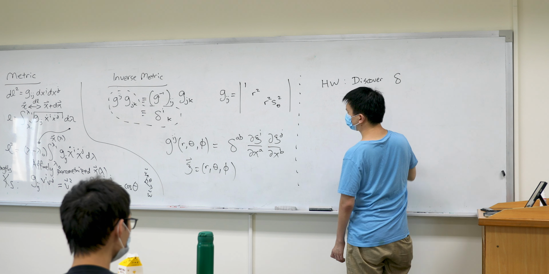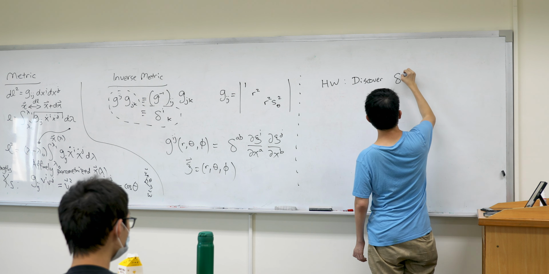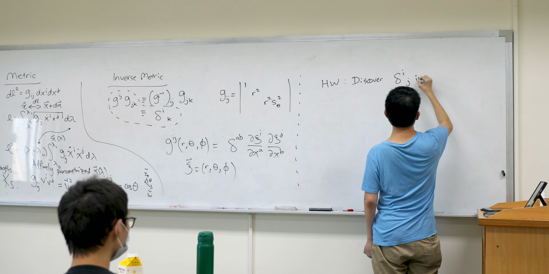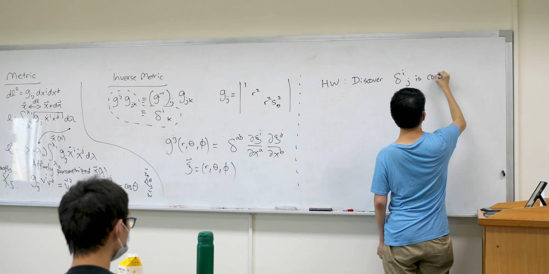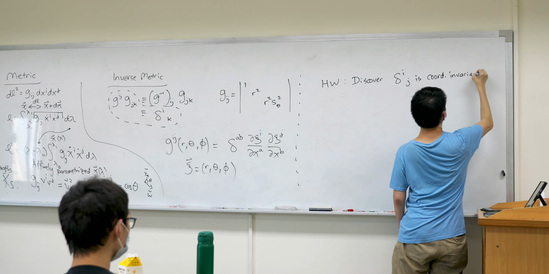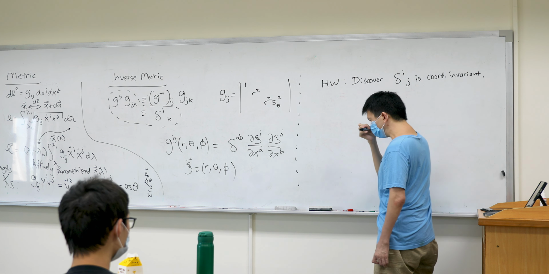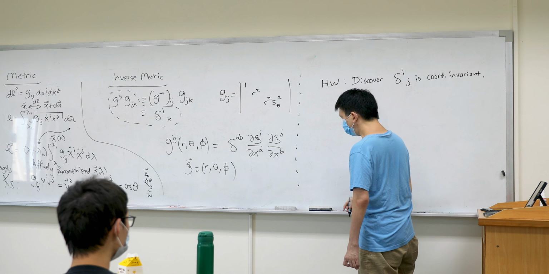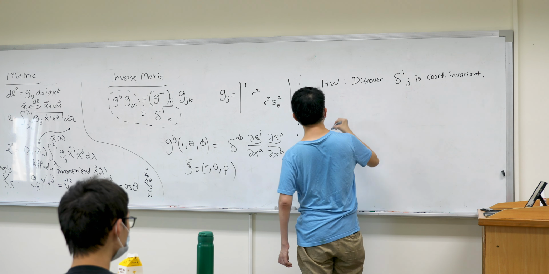that the Kronecker delta with one up and one down index is in fact a coordinate invariant. In other words, the identity. You can think of this as the identity operator. Why do I say that?